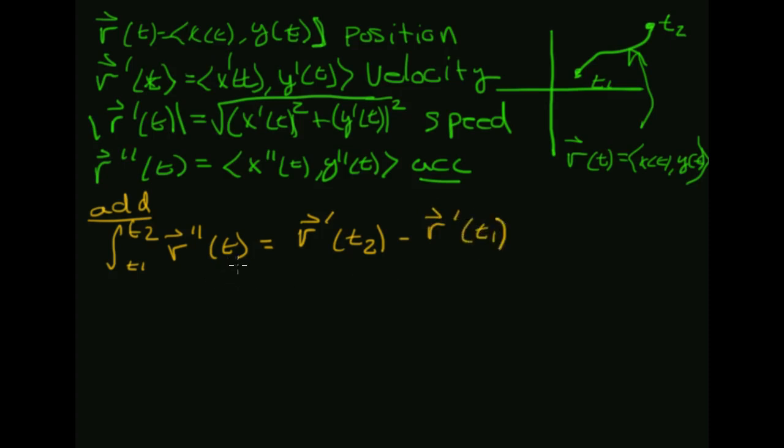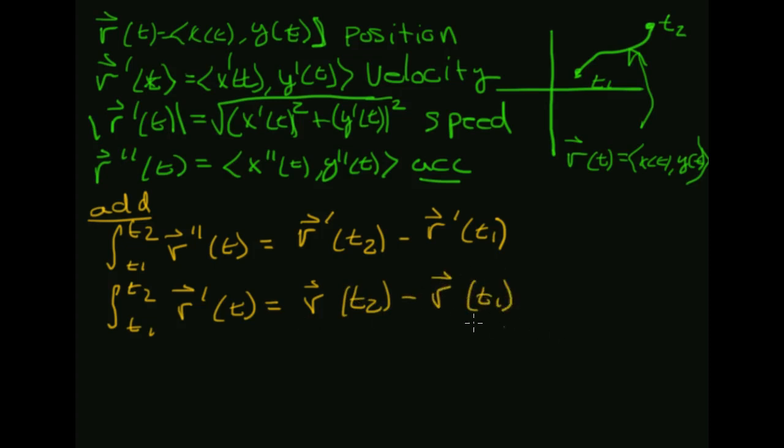So again, this is just banking off the fundamental theorem of calculus. If I go from time t1 to time t2 of the velocity vector, I get back the position vector at t2 minus the position vector at t1. So this is a displacement vector, right?